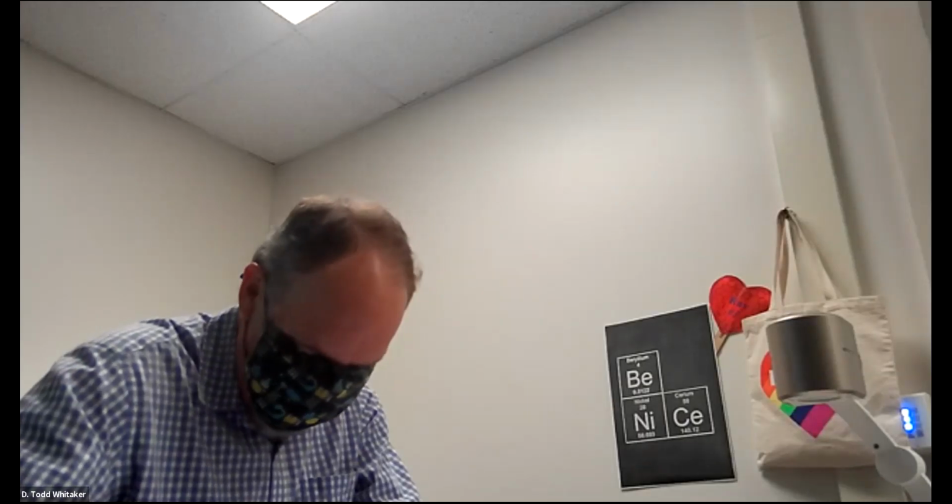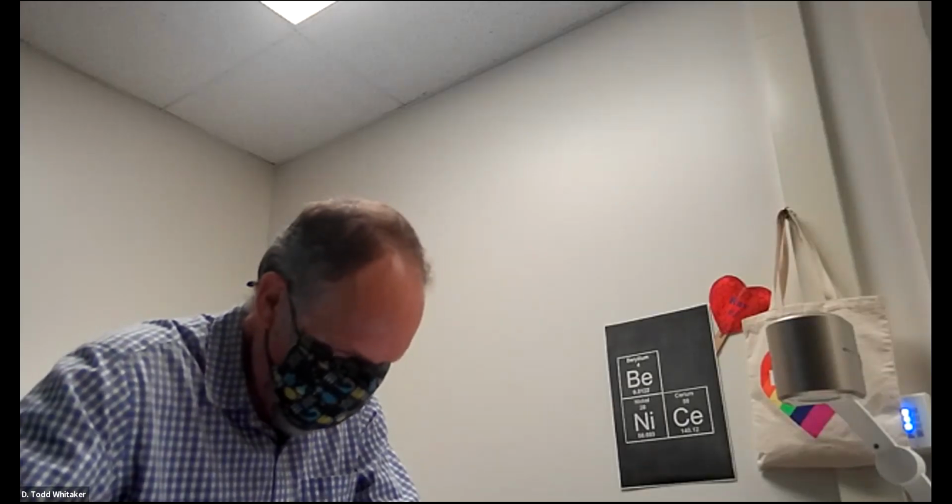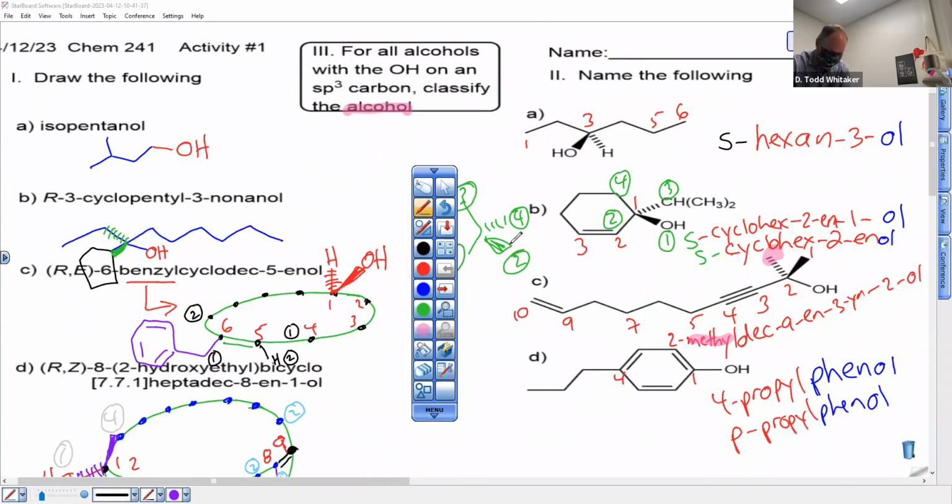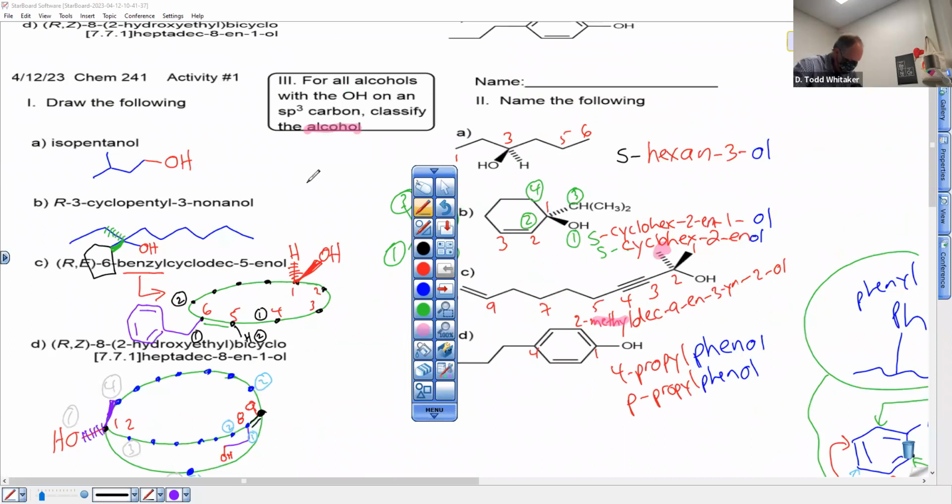Oh, we didn't finish. No, don't. There's a part 3. It says for the sp3 alcohol, this one, that one, and that one. I think everything except the last alcohol is an sp3. So let's go hot pink for all of our classifications.